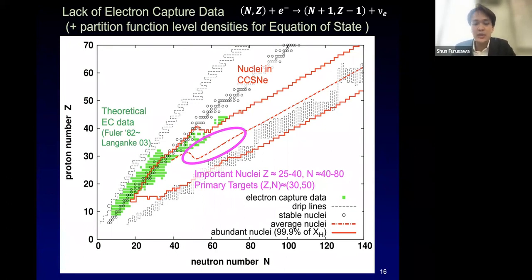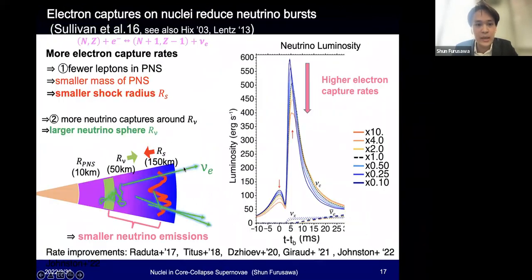So at present, we need more information about the electron capture rate of them. The electron capture rate of them is very important, and they are not calculated at present.